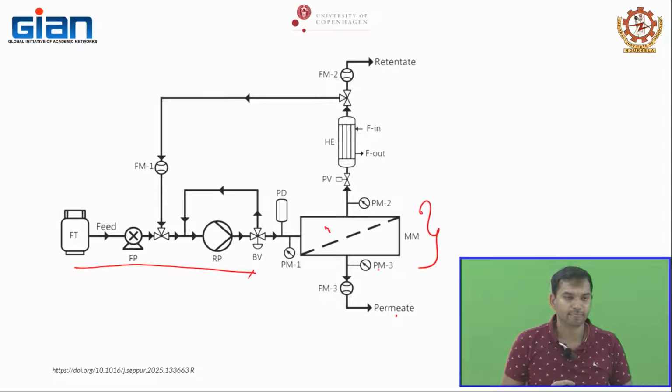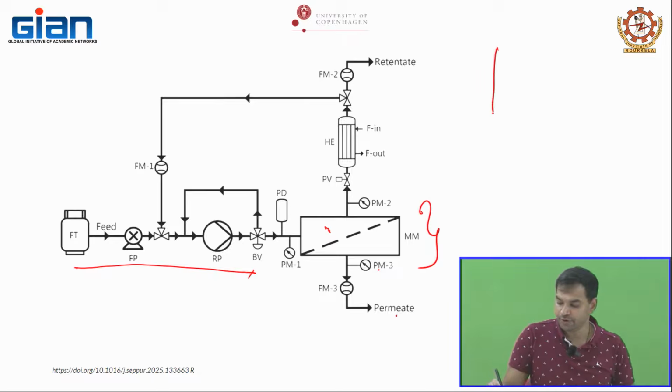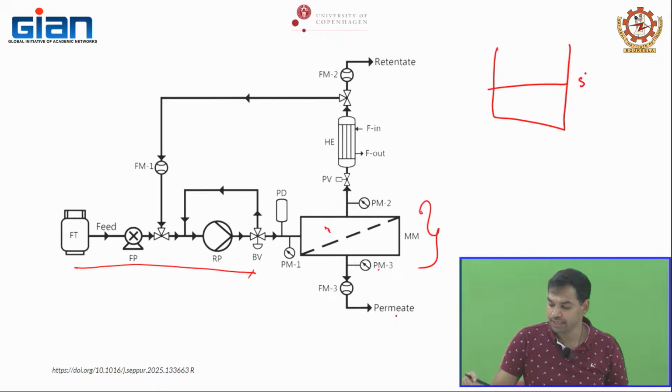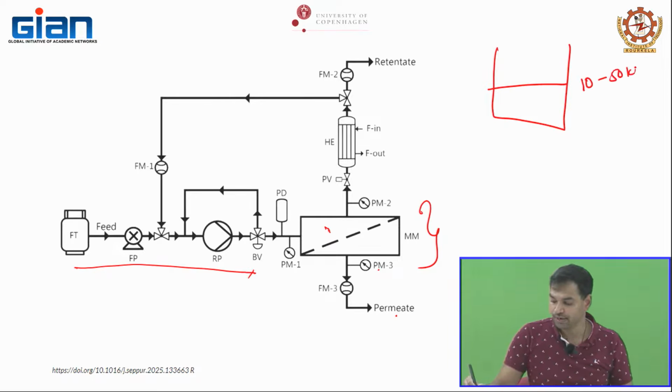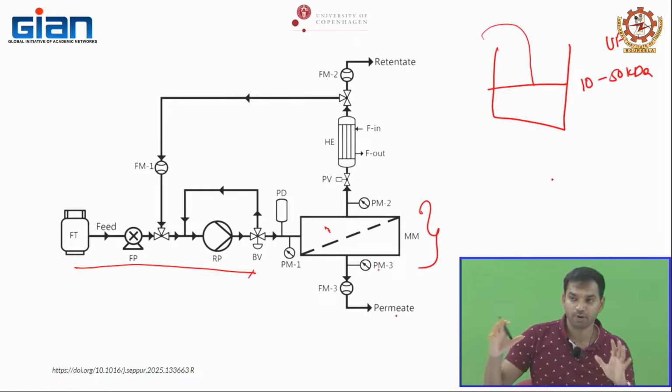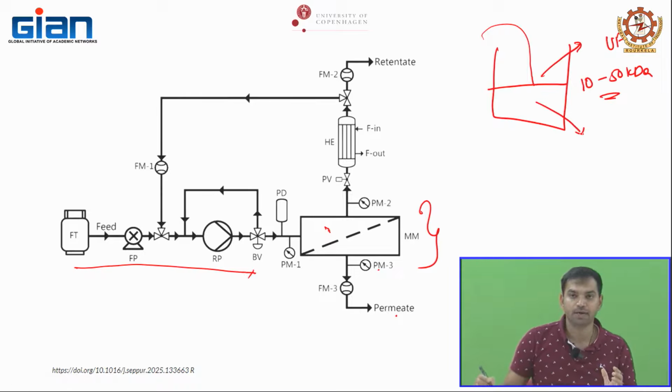In ultrafiltration we have a membrane with a molecular cutoff of, let us say, 10 to 50 kilodalton. Proteins cannot pass through depending on their molecular weight cutoff, and some proteins will come here and some there.